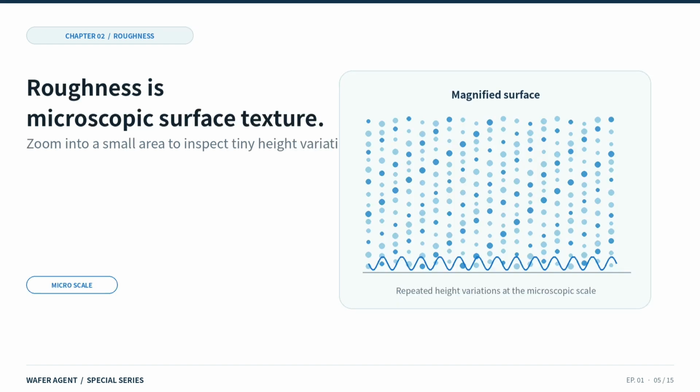Let us begin with roughness. Roughness describes microscopic surface texture. When we magnify a wafer surface, it is not an absolutely smooth mirror. Tiny height variations remain. Roughness is the way we characterize those small, repeated variations across a very small inspection area.